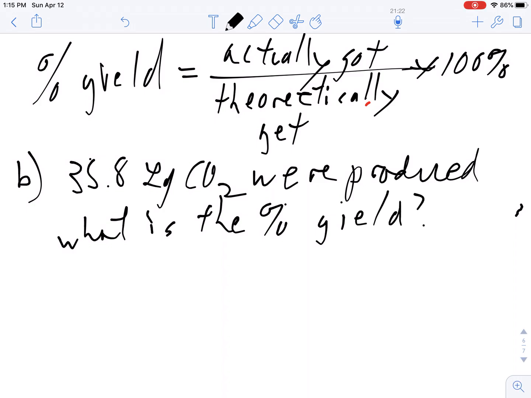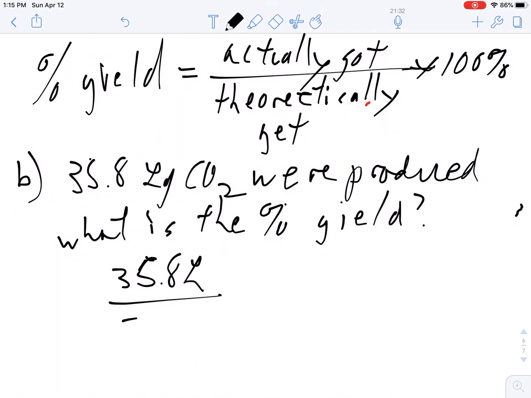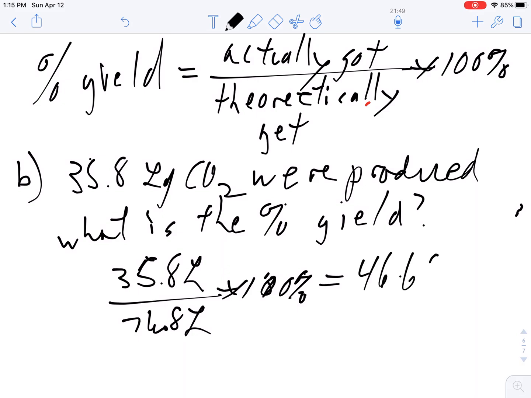So what you would do is you take what you actually got and divide it by what you could have gotten theoretically, which is the 76.8, and then you multiply it by 100% to find your yield. And so you get 46.6% yield. Okay, so you will see a couple of these questions and a percent yield question on the quiz.